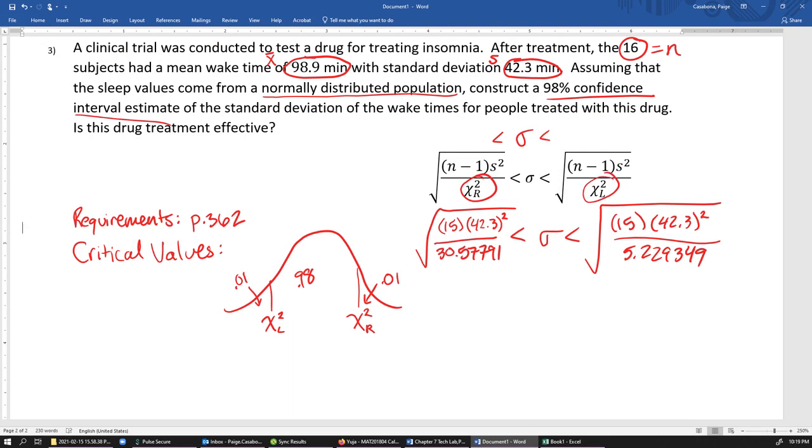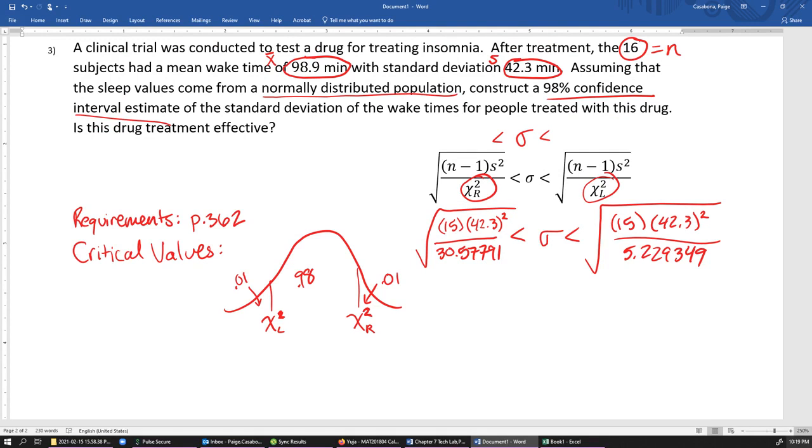So pay attention to those left and rights. If you flip around, of course, your interval is going to be backwards. The other common mistake here is that we are not actually squaring these numbers. These are from the chi-square distribution, so they're sort of already squared. So this is exactly what we would want to compute for those lower and upper bounds.